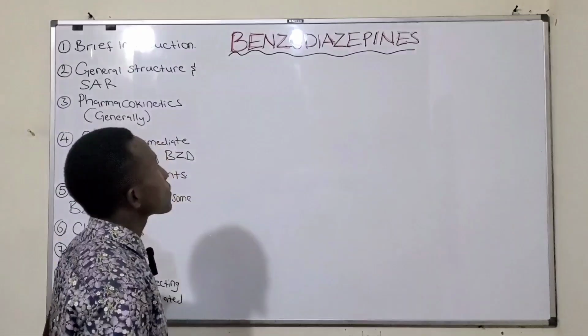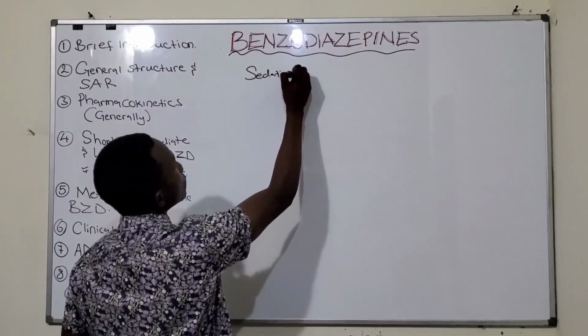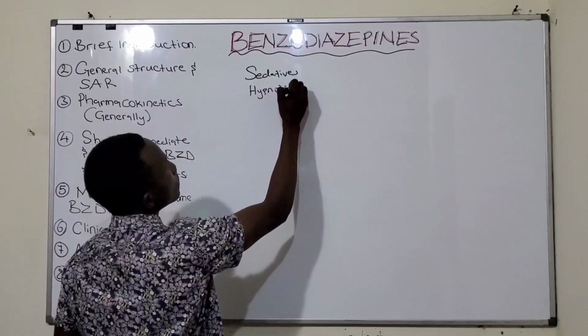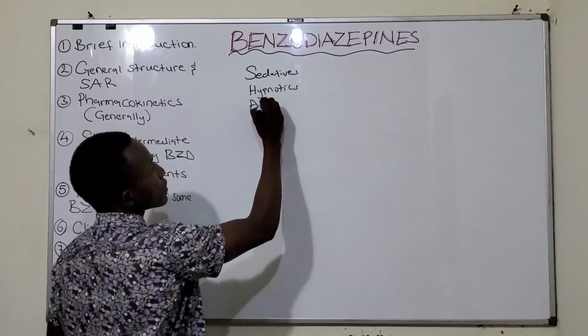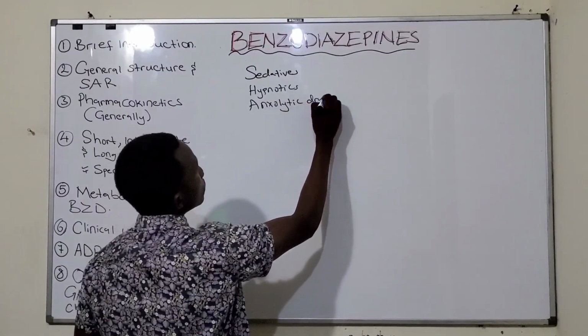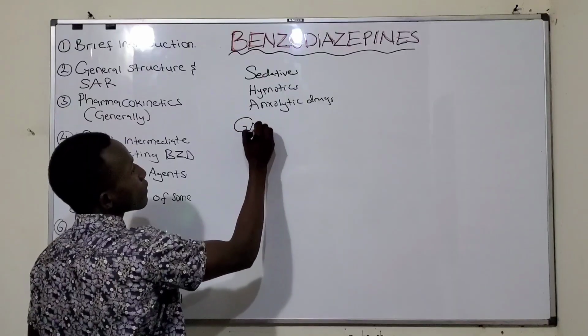Let's go. Benzodiazepines are sedatives, hypnotics, and anxiolytic drugs. They bind at the GABA receptor.